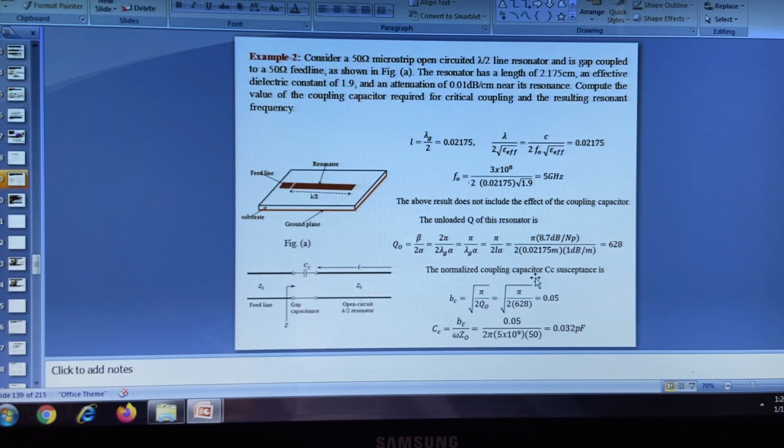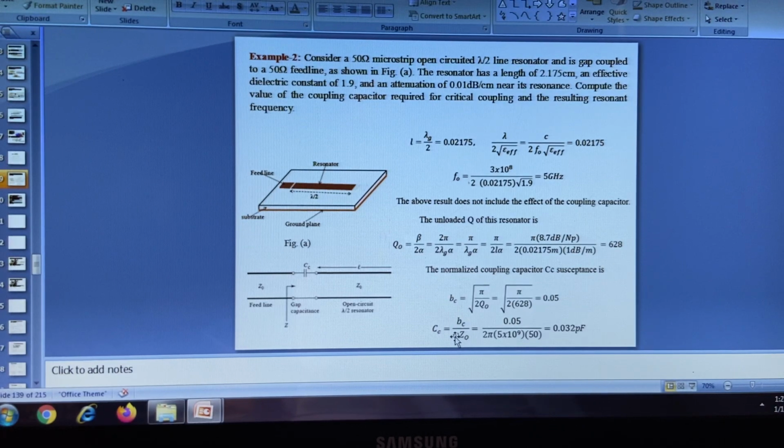The normalized coupling capacitor susceptance BC, for critical coupling, must be equal to pi by 2 Q naught. Substituting Q naught, we get 0.05. Now CC is given by BC divided by omega into Z naught, because BC is equal to omega Z naught into CC.